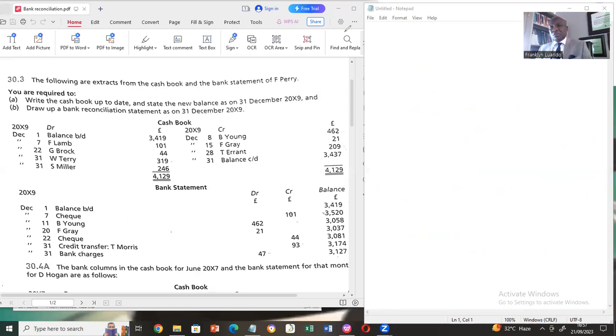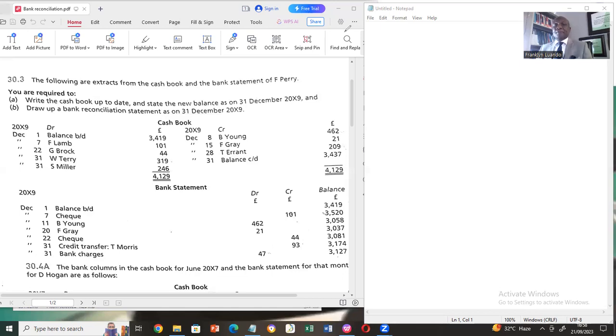The cash book that has been updated or amended. So the balance as per updated cash book is the one that goes to the statement of financial position, because that's the amount that you expect after all the differences have been cleared.